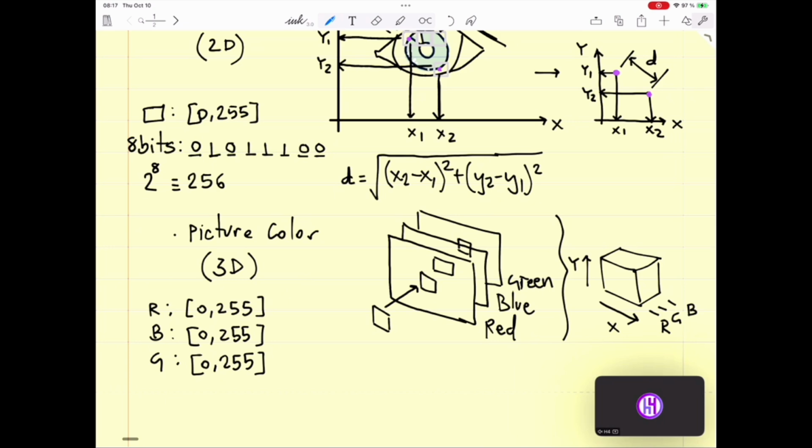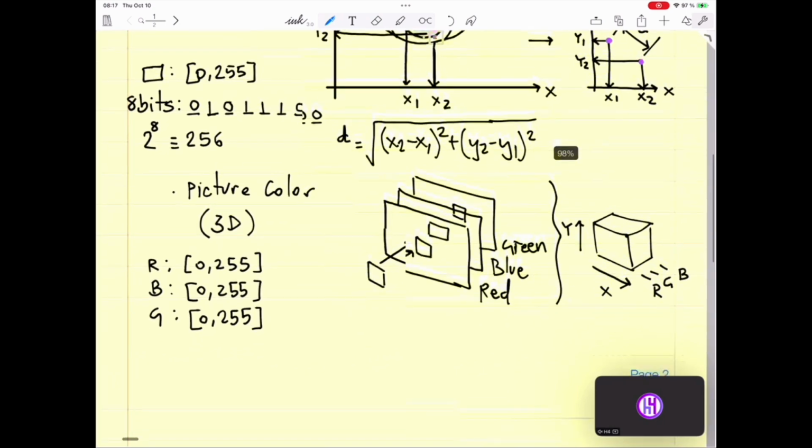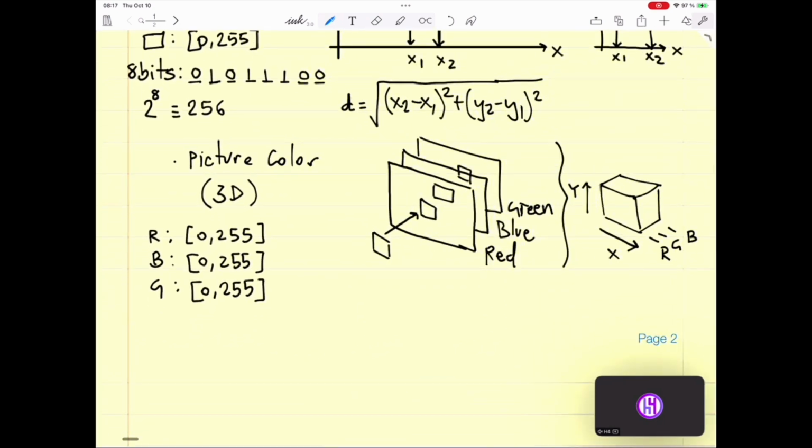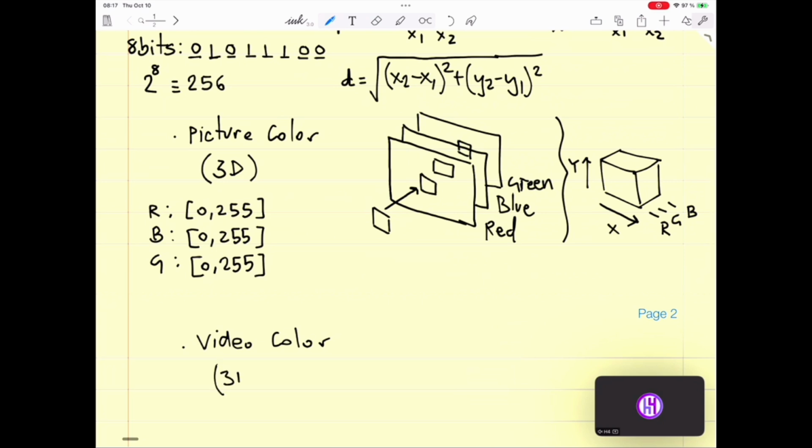Good. So if you have a video in color, you have the 3D plus the time, another dimension, and maybe the sound can be also another dimension. So at least you have 5D when you have a video, and so on.